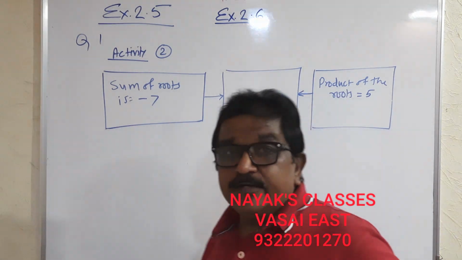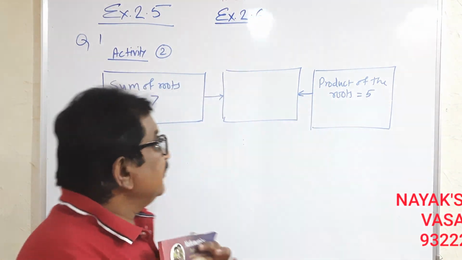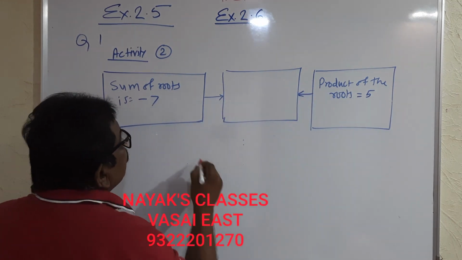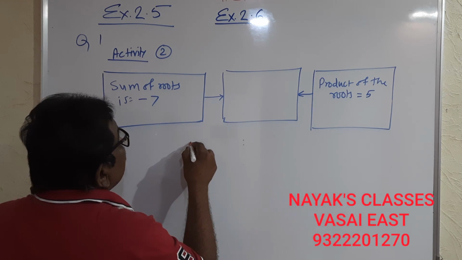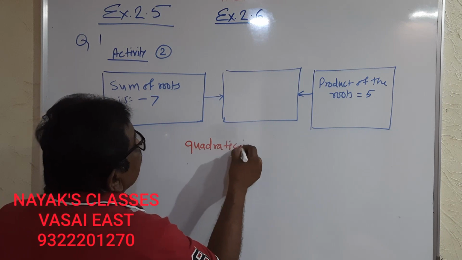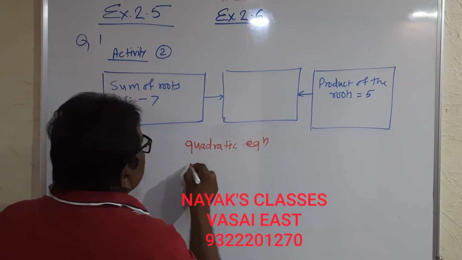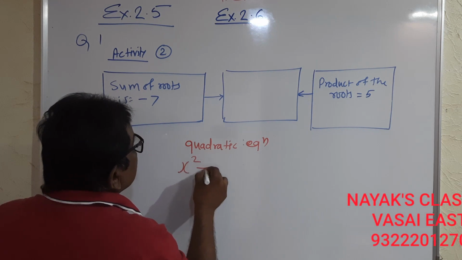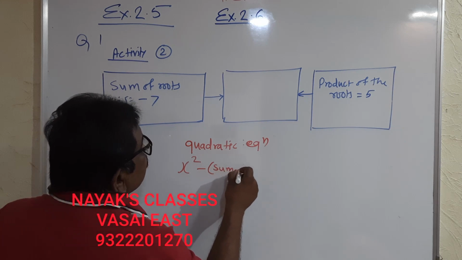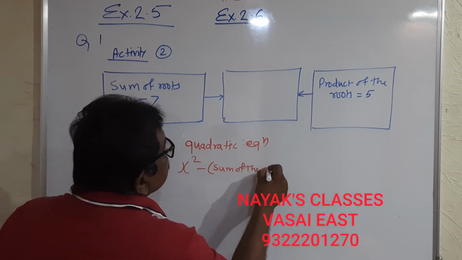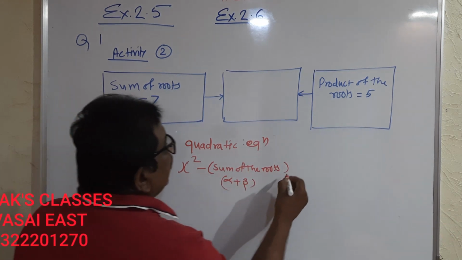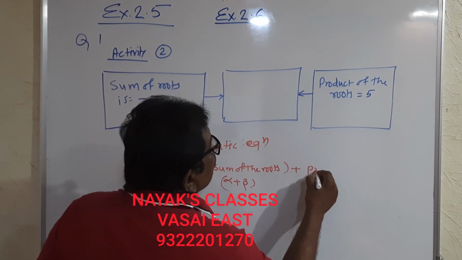This is activity 2. They have given the sum of the roots and the product of the roots. We know any quadratic equation can be written as x square minus the sum of the roots, that is alpha plus beta, x plus the product of roots.